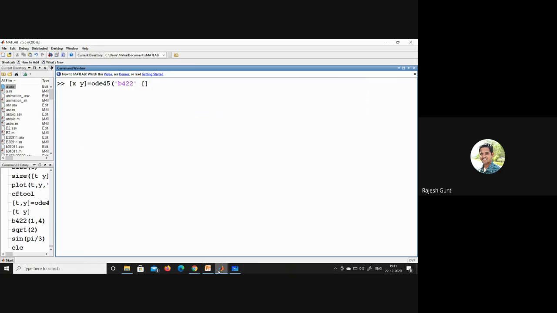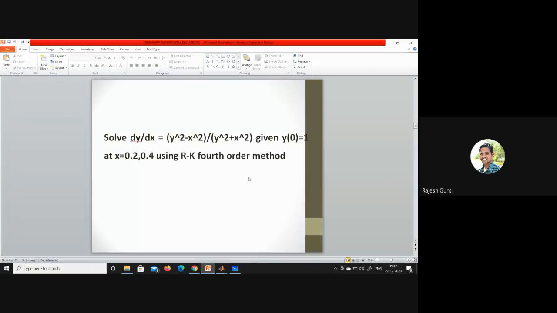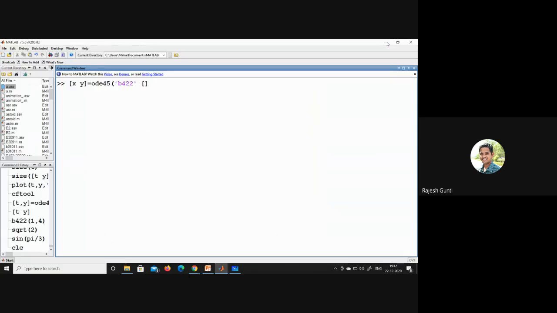What is the tspan? tspan is 0 to 0.4. I need a solution from 0 to 0.4.